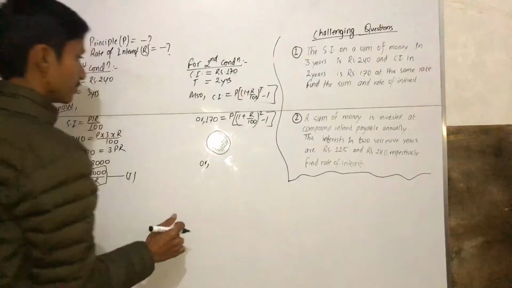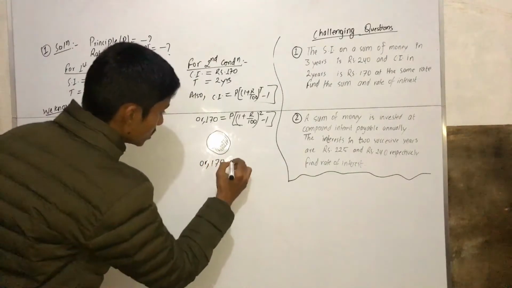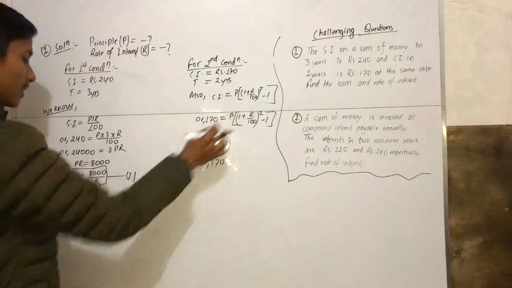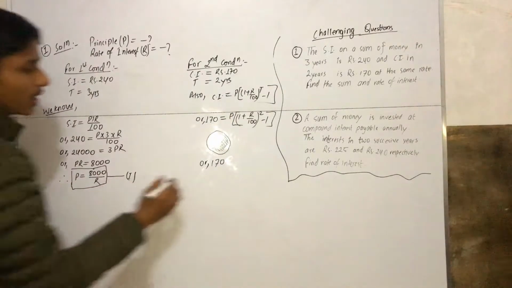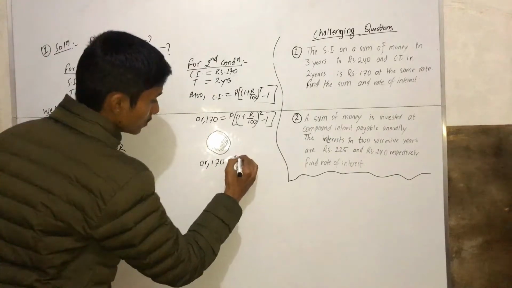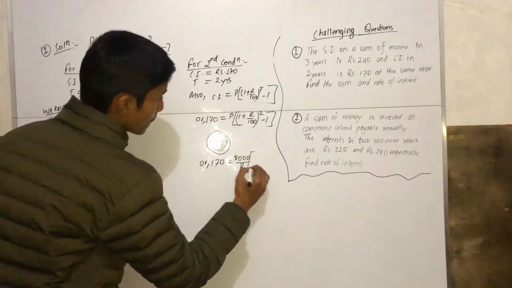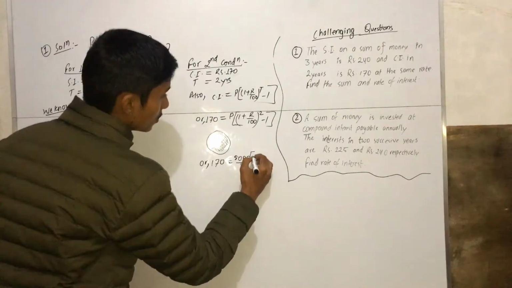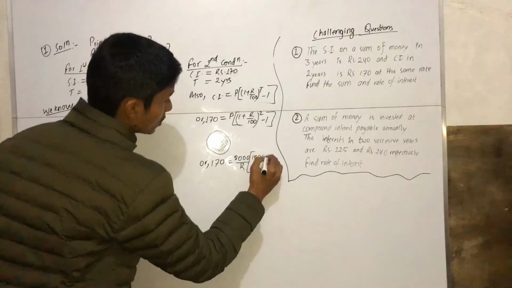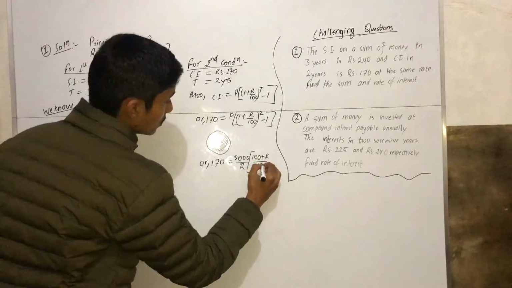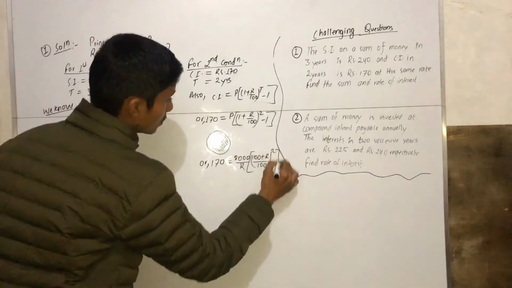Similarly, for 170 we write the value of P from here, that is 8,000 by R, times (1 plus R by 100) whole squared, that is (100 plus R by 100) whole squared minus 1.